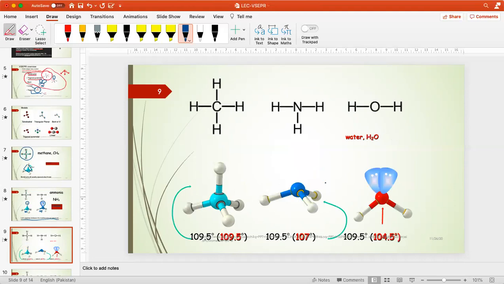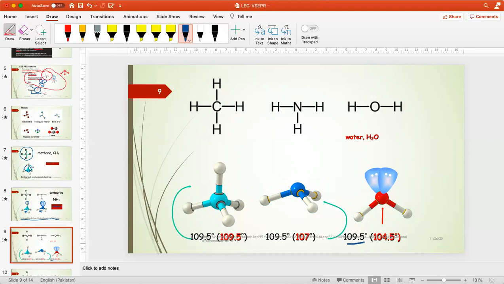Now you can compare all these three. Now I think you understood completely that what is the reason. एक हमने मैथन का structure देखा, अमोनिया. Now this is for water. So look at the space which is occupied by these two lone pairs. So that's why original angle क्या है? 109.